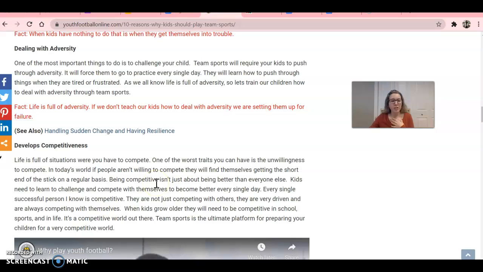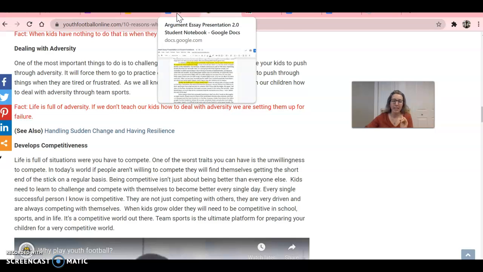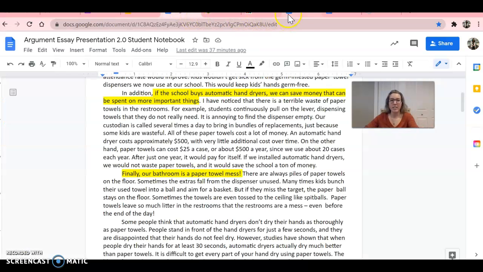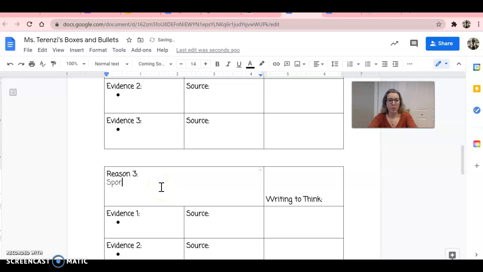So what you can do is combine them into one category. Those are all things that I can talk about, and they are all related. So I'm going to combine those and say that sports help kids build strong social skills. Okay, keep it general.